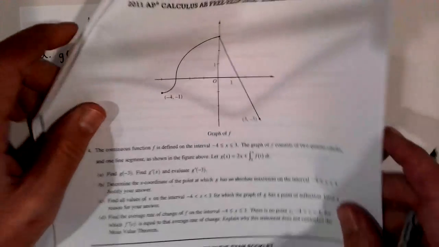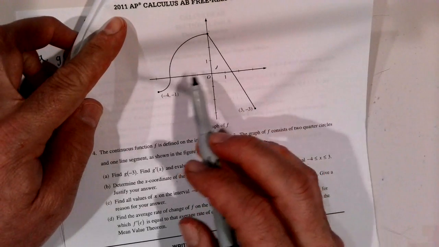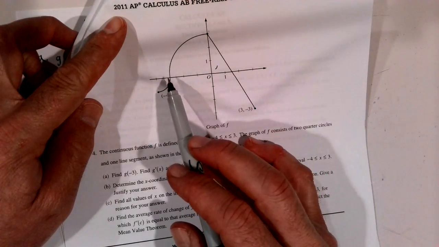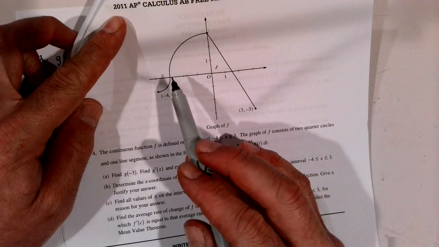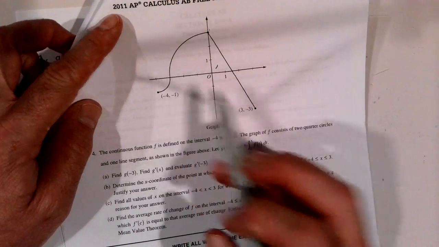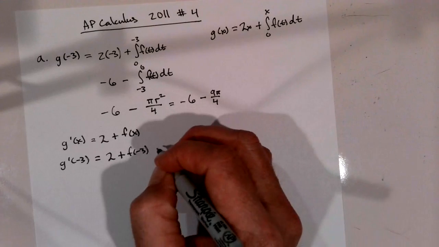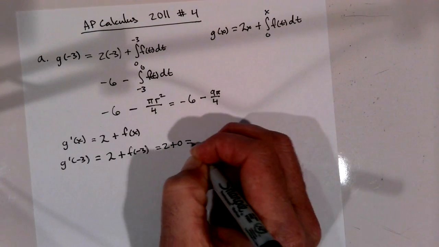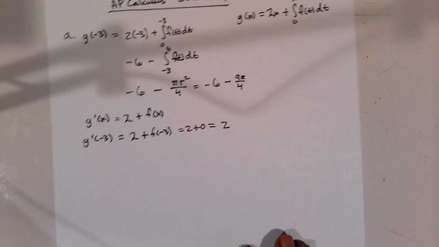As you look at it, what's the value of f at -3? It is 0. So it equals 2 plus 0, which is just 2.